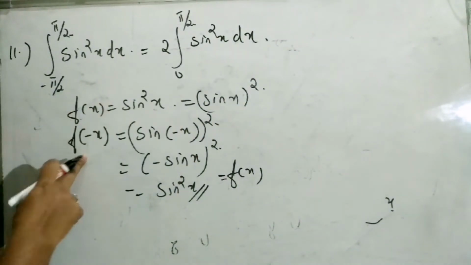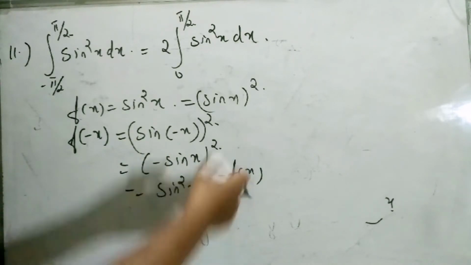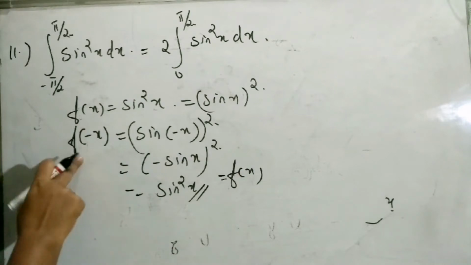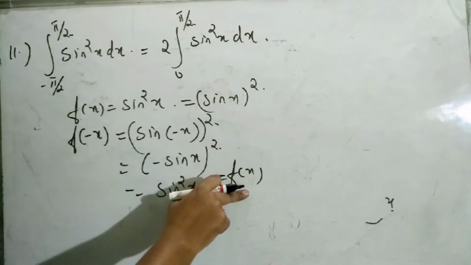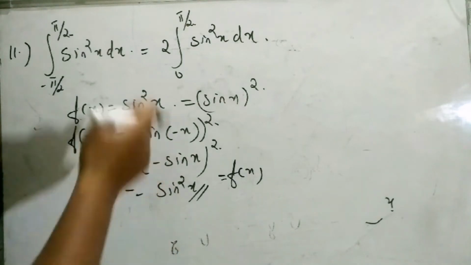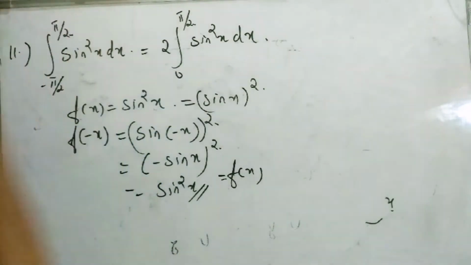Since f of minus x is equal to f of x, in that last property this integral from minus a to a becomes 2 into integral from 0 to a.